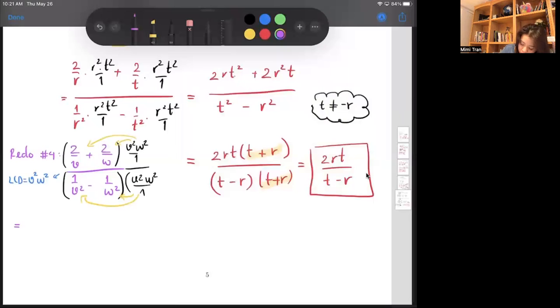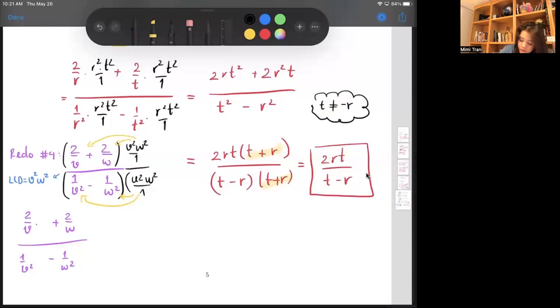So equal to 2 over V times, let me rewrite this so I don't have to change the color all the time, 2 over W, over 1 over V squared minus 1 over W squared.